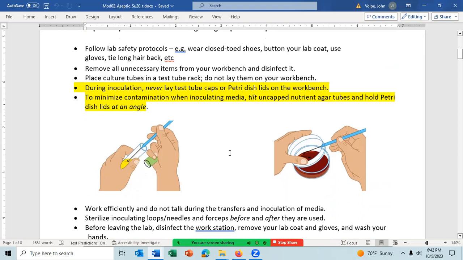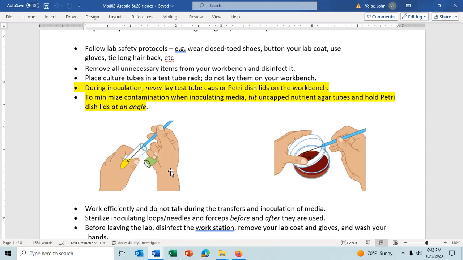To minimize contamination when you're inoculating media, you want to tilt a tube at an angle such as this. I don't know if you can see this. Maybe if I put it in front of my face, you can see it.